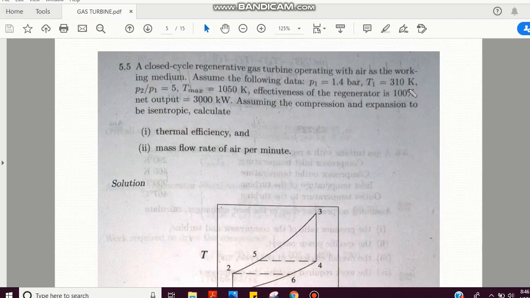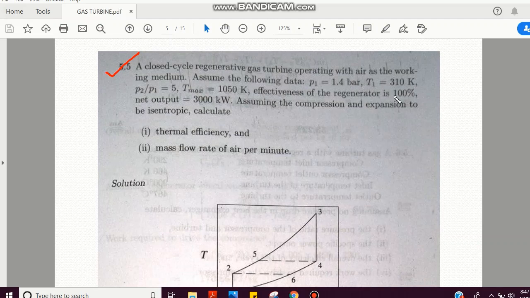In this numerical it states that a closed cycle regenerative gas turbine operates with air as the working medium, assuming the following data: P1 is 1.4 bar, T1 is 310 Kelvin, P2 by P1 is 5, and Tmax, the maximum temperature, is 1050 Kelvin.